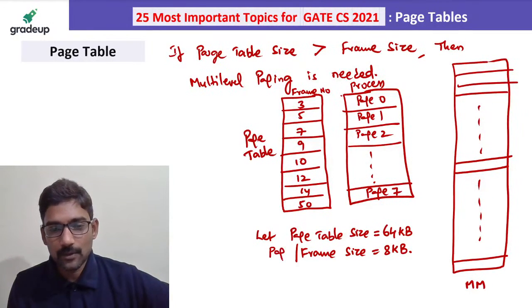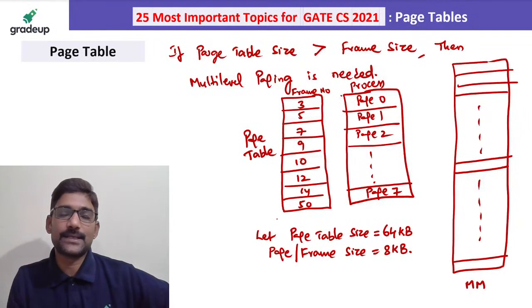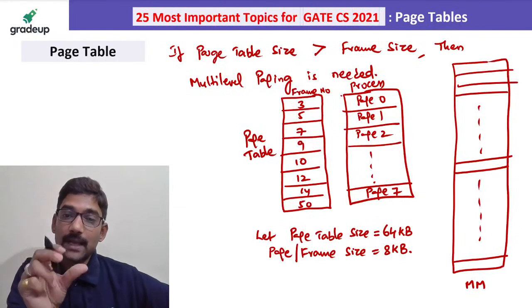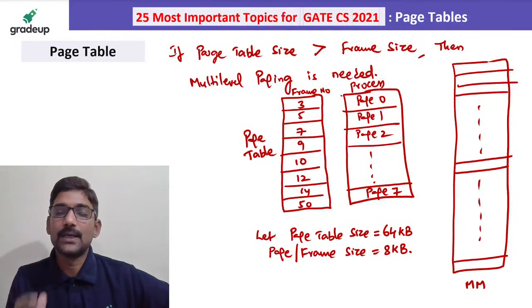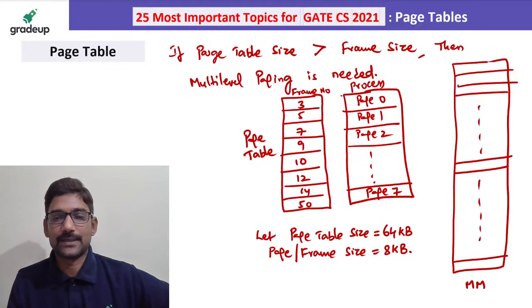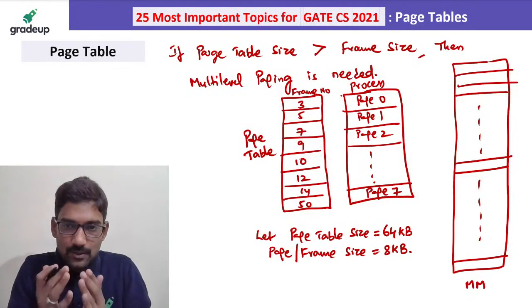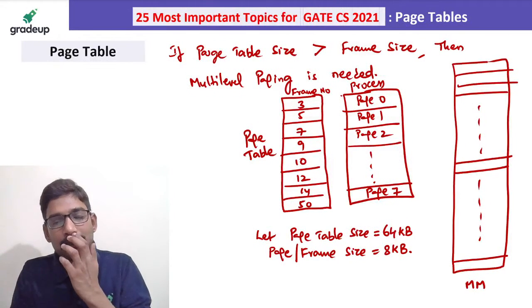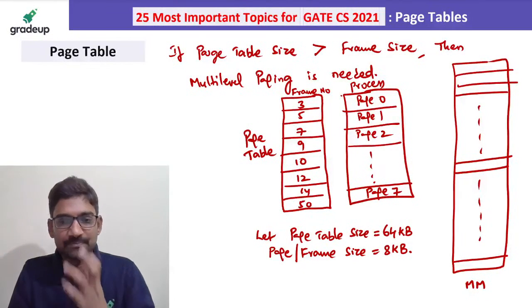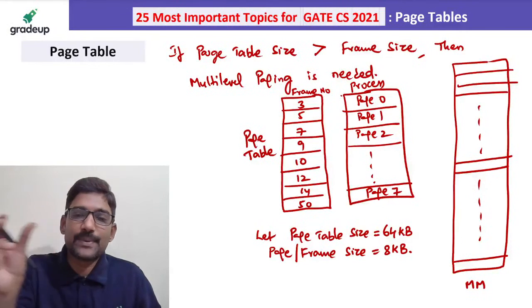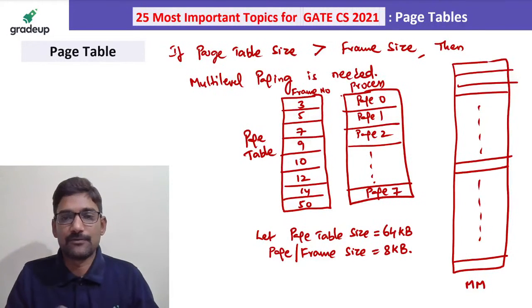Remember, I am not telling page size is 64 kilobytes. Page table size is 64 kilobytes. Page size is 8 kilobytes. Which means, more than the actual data, its metadata is taking more memory. Now, obviously, this page table you cannot fit in one frame.